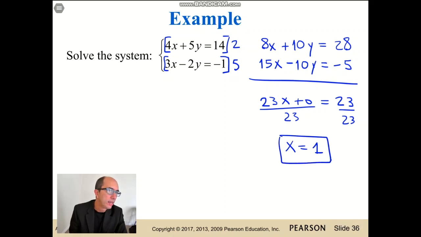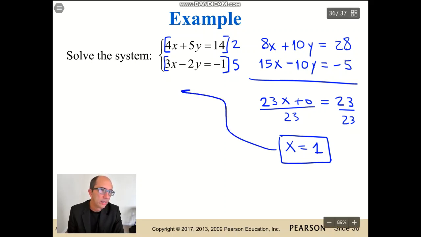You can substitute x equals 1 into either of these two equations. Let's try the second one. 15 times x, 1, minus 10y equals -5.